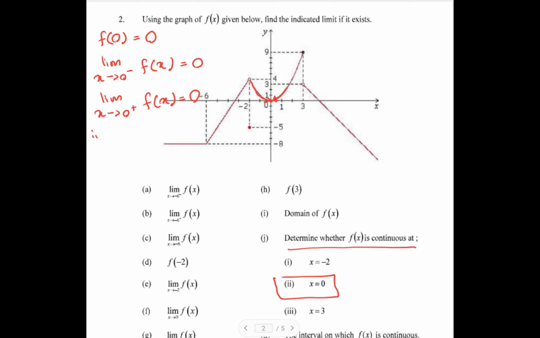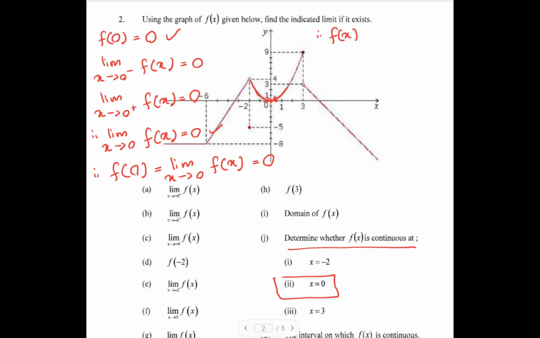Since from the left equals from the right, we can conclude that the limit as x approaches 0 for f(x) equals 0. Therefore, f(0) equals the limit as x approaches 0 for f(x), which is 0 here for this one and this one. Since the function equals the limit, we can conclude that f(x) is continuous at x equal to 0.